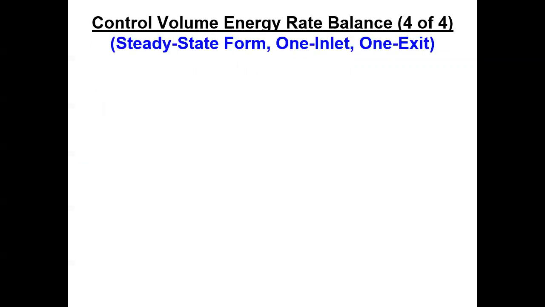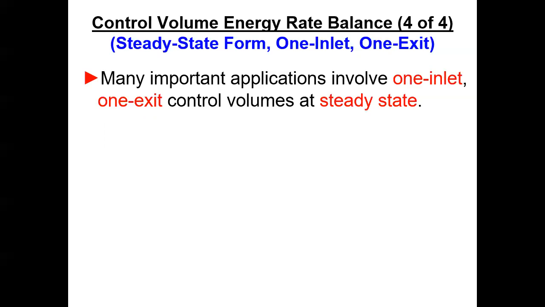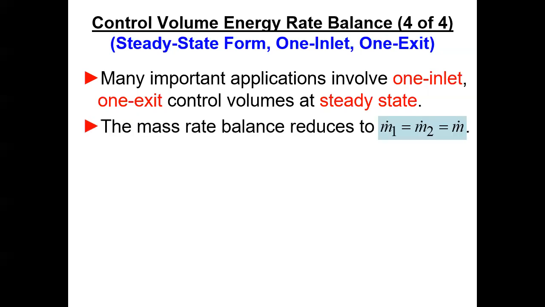One inlet, one exit, which is where we work lots of problems. We'll work turbines, we'll work pumps, we'll work diffusers, we'll work nozzles, we'll work all kinds of different components, the vast majority of which have one inlet and one exit. And we can oftentimes consider them at steady state.